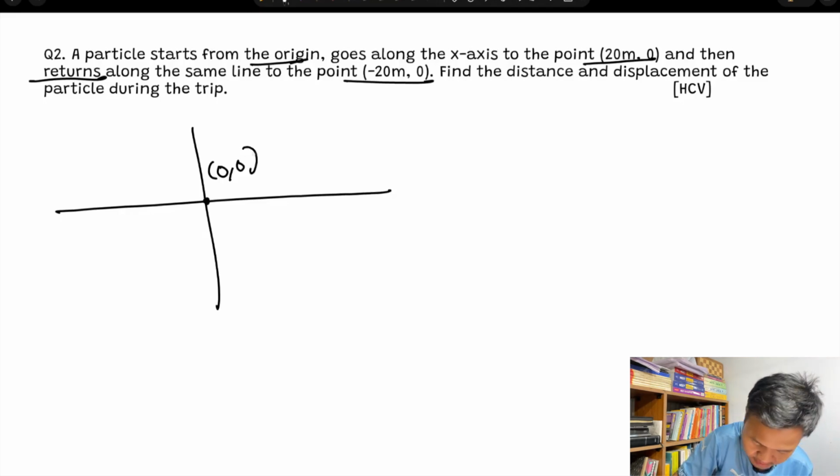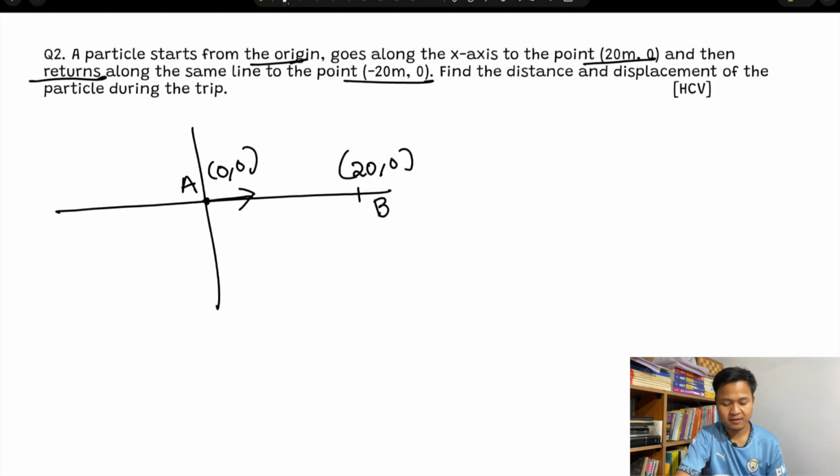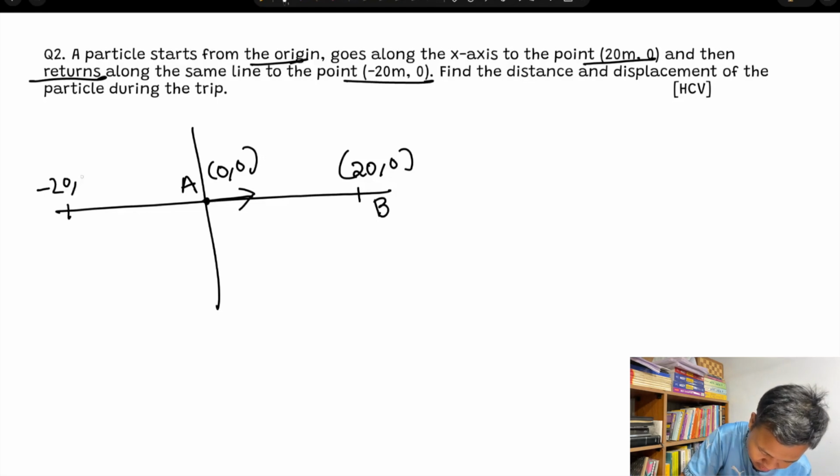From origin along the positive x direction, I have to go till (20, 0). Let's name them: I go till B. Then I have to come back along the same path till the point (minus 20, 0), so it is on the negative side.